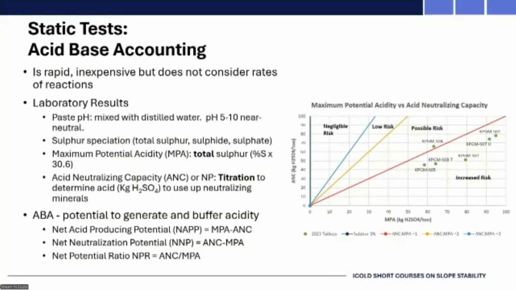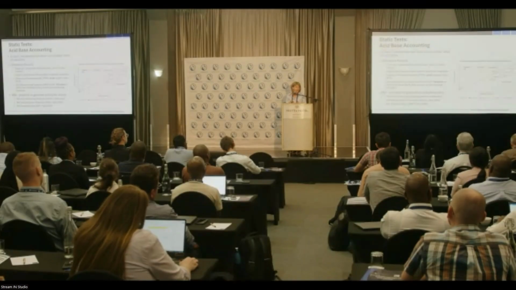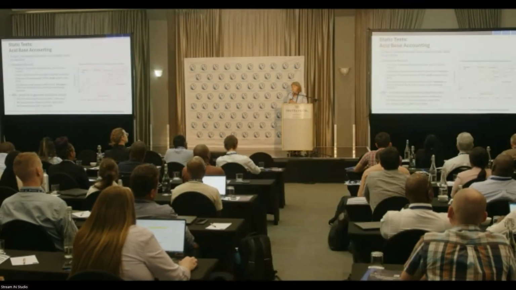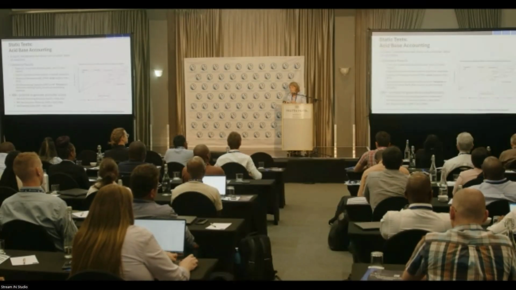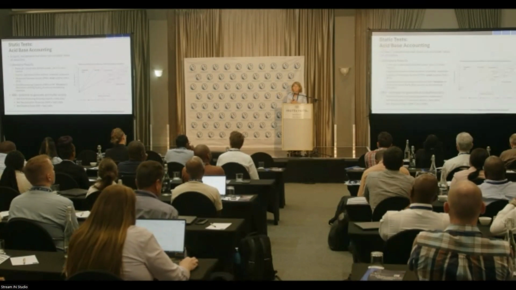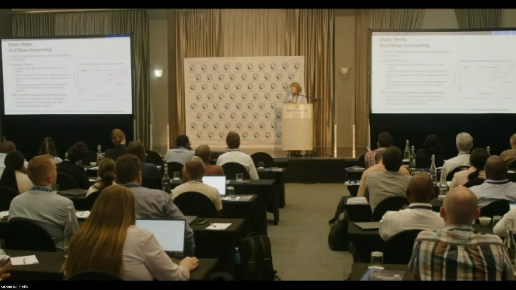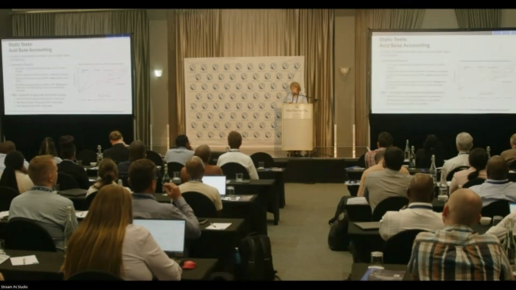Then your acid neutralization capacity is a titration, and here in the Southern Hemisphere we work with both, but it's generally reported as kg H2SO4, while in the Northern Hemisphere they work more with CaCO3, but it's all the same thing. There's a little factor you can use to change from one to the other, and that gives you all these parameters. You work out your acid-base accounting, which is your potential to generate acidity.